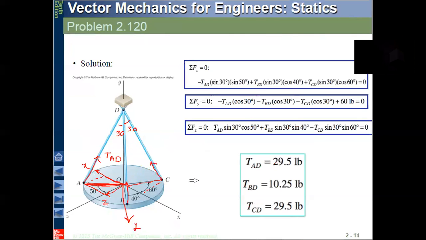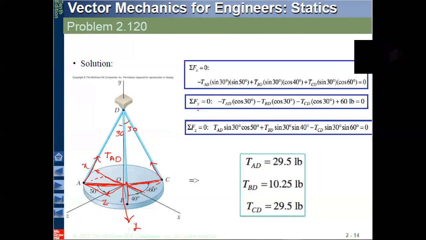You can see in this triangle that this would be the x component. So this is what we write in the x direction. We have 3 unknowns and 3 equations, so we need to write the other 2 equations as well.